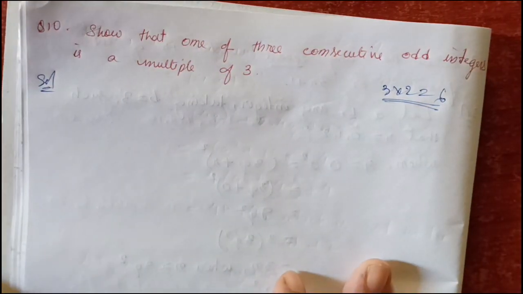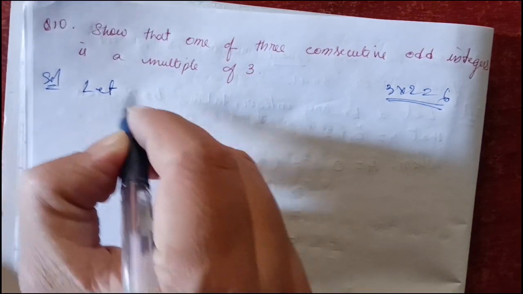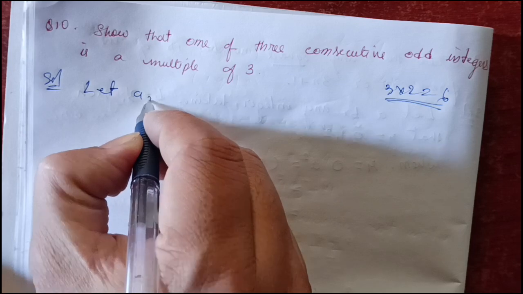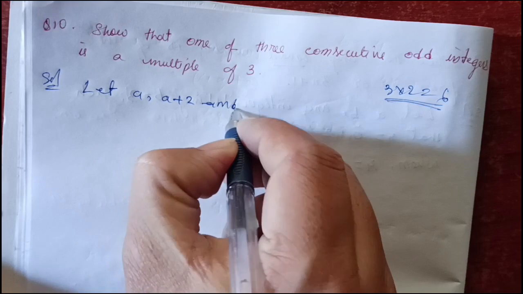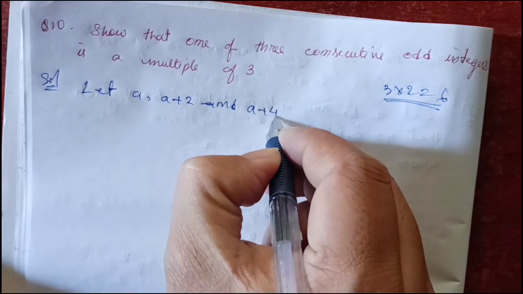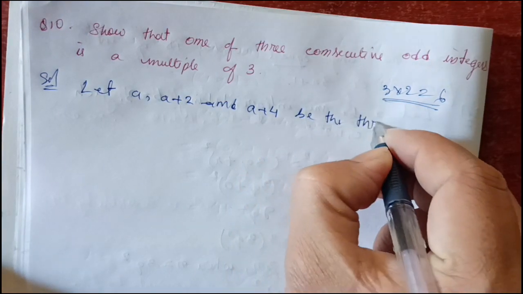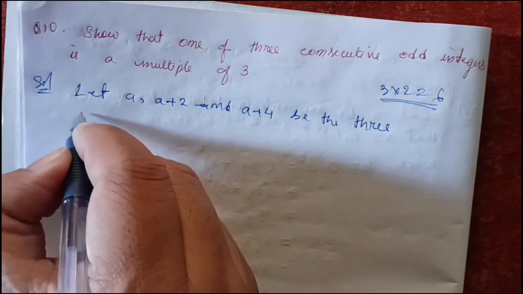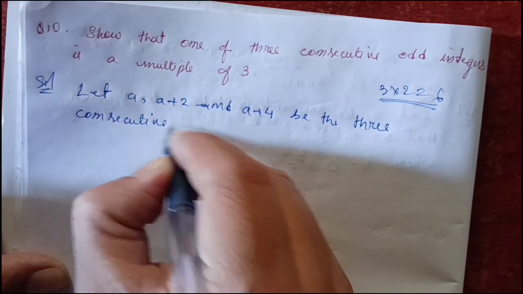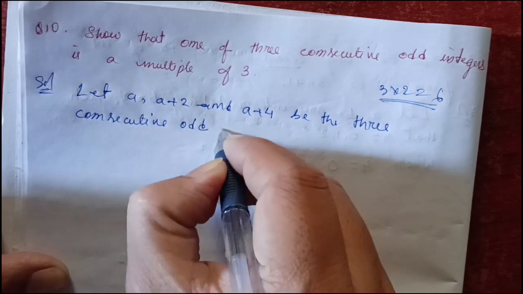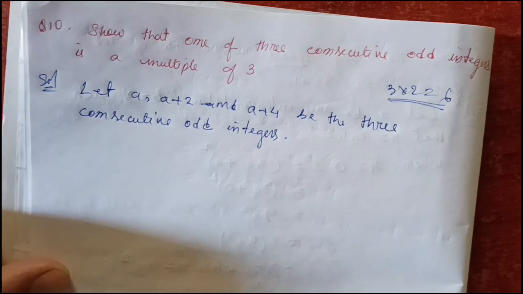In such type of question, we are going to consider like this. Let a, a plus 2 and a plus 4 be the three consecutive odd integers.